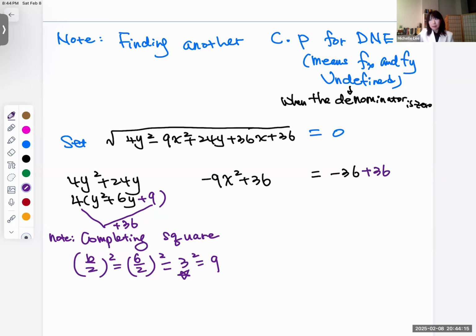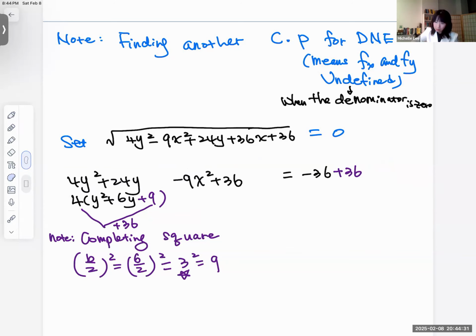Make sense? Okay, now the second, the x variables as well, we factor out the 9, x squared plus... So negative and negative is positive, it's a 4.